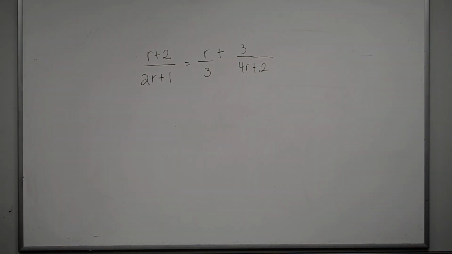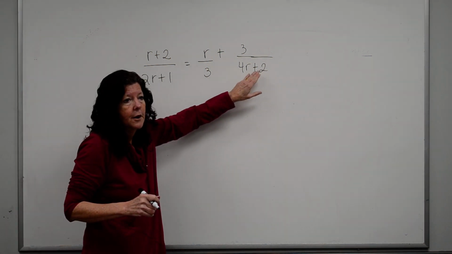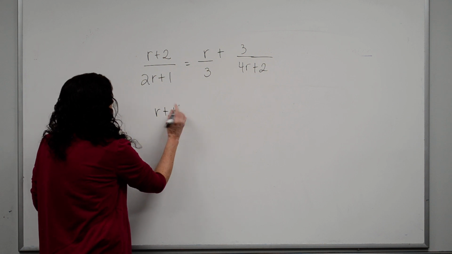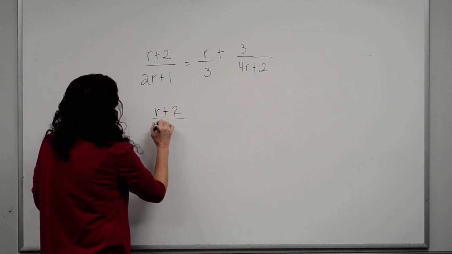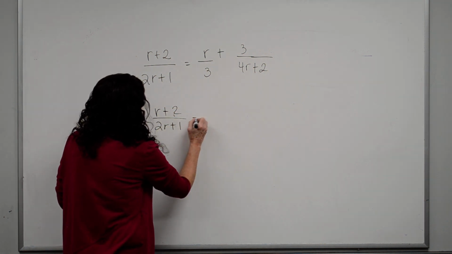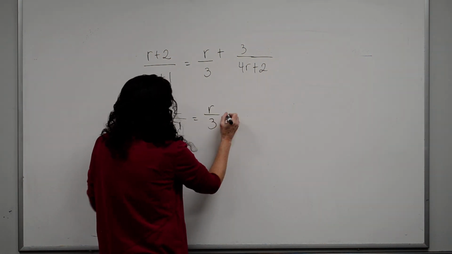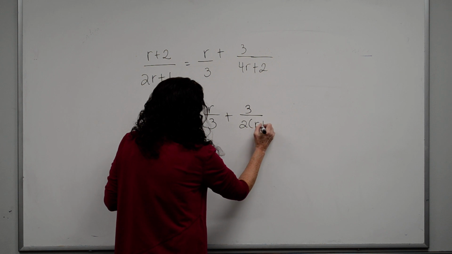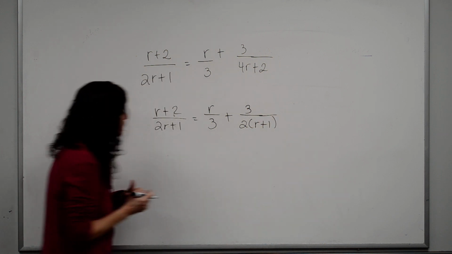Anything able to be factored? Look at the end, the 2. I can pull the 2 out here. That's the one thing I can do. Nothing else. I've got r plus 2 over 2r plus 1 equals r over 3 plus 3 over 2 times r plus 1.